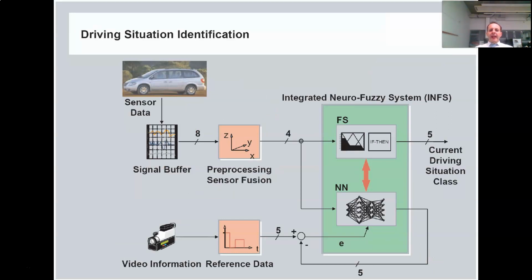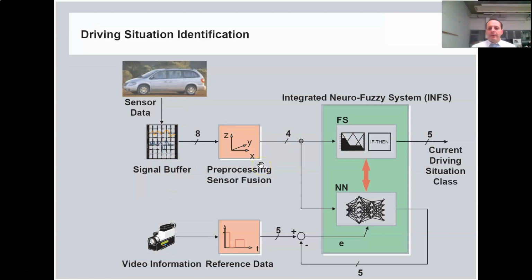For the case of the driving situation identification, we have the data that provide the conditions of your vehicle. We have a buffer of your signals.